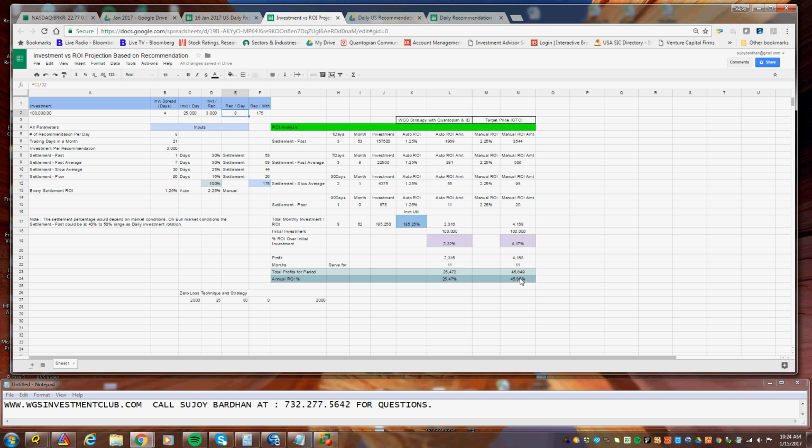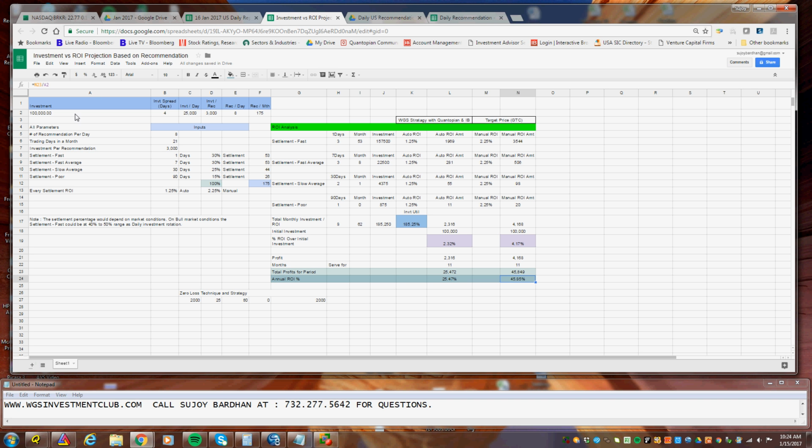That will work on the same basis, because this is more or less static for a certain period of time, and this is what the average is at this point. But you are looking at 45% ROI, which is significant.